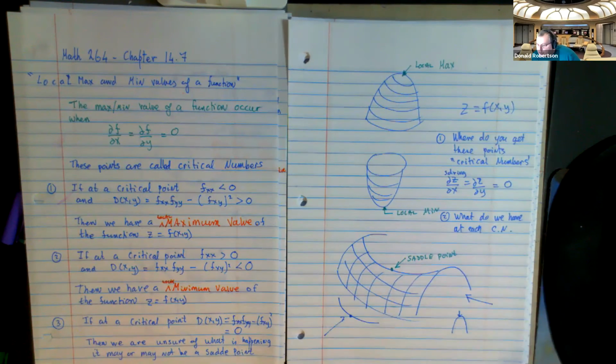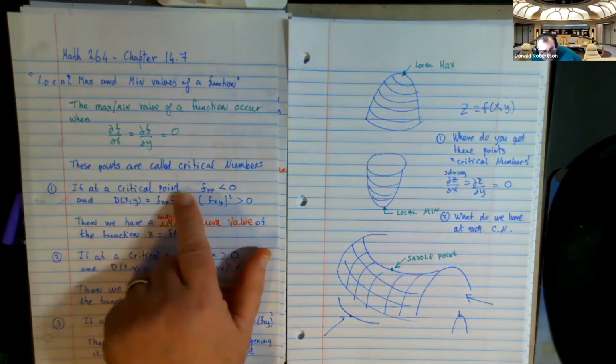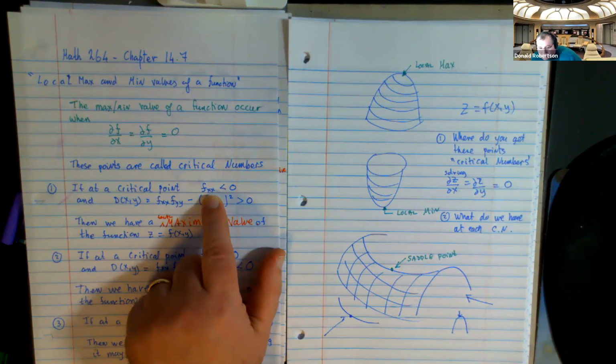You've got a critical number, say at (1, 2). You find the second partial derivative.